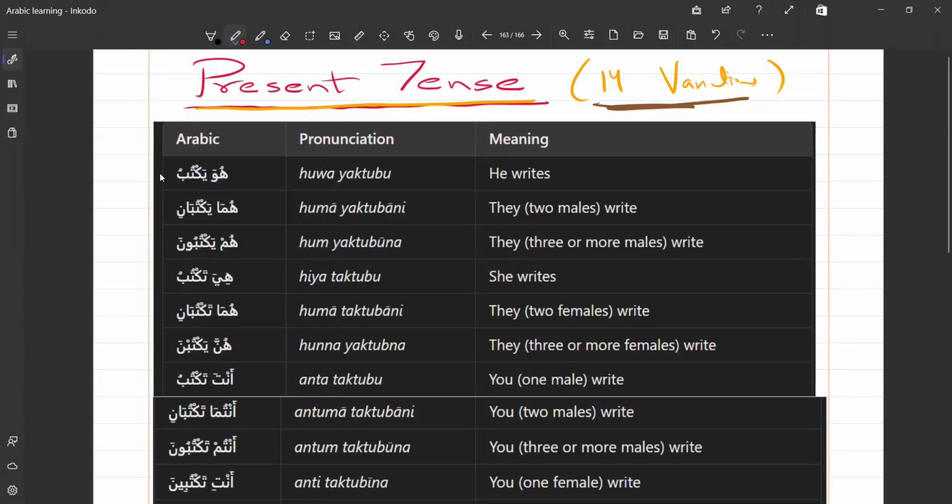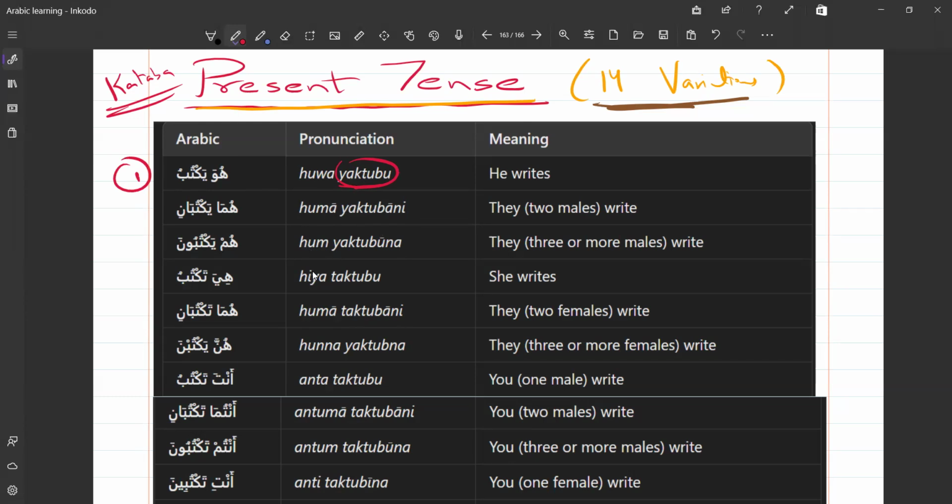Let's take the verb kataba again. You need to learn the first variation of the present tense, so that you can make the remaining girdan.